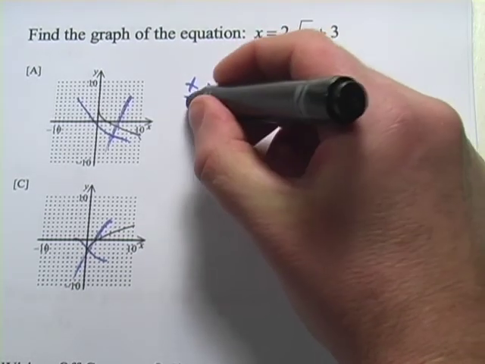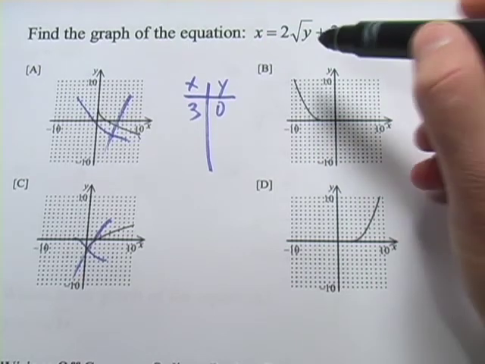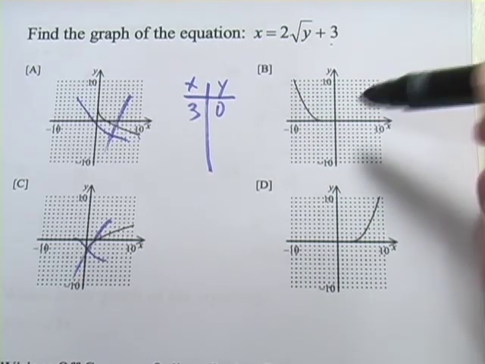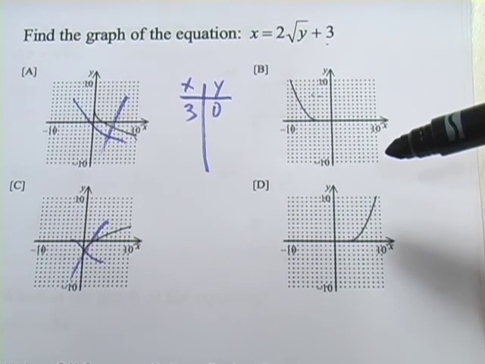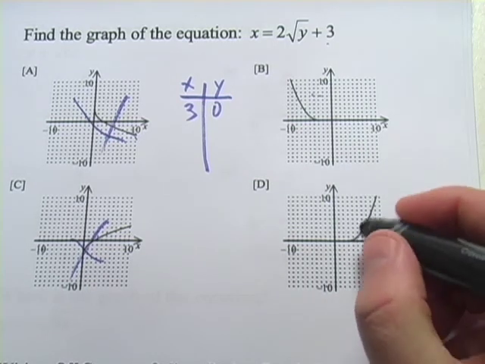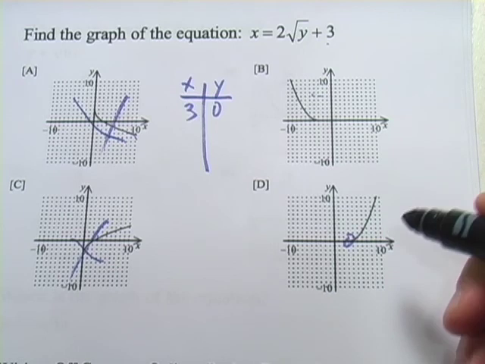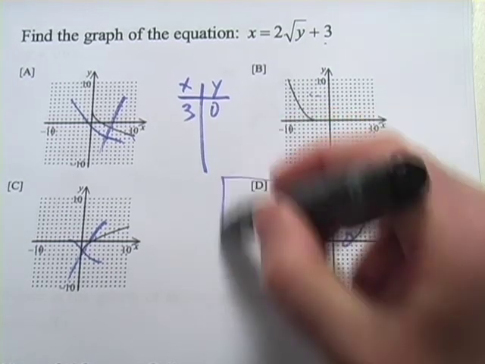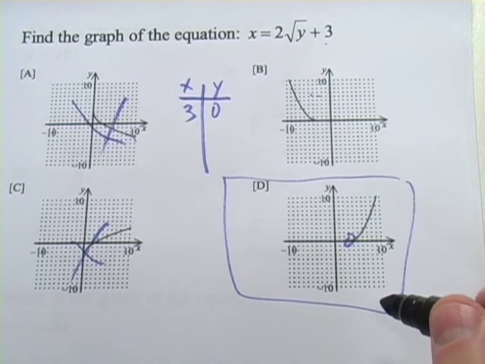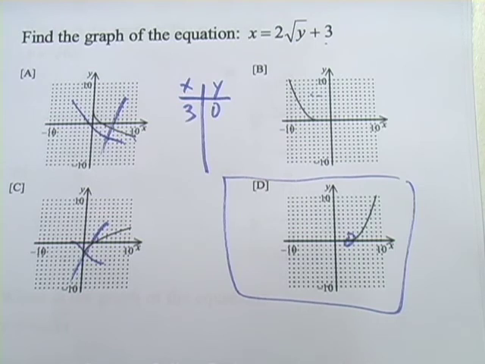So we've got the point 3, 0 on here. In fact, it looks like x can never be negative as well, so B's not going to fit. Let's just make sure that our point 3, 0 is on here. 1, 2, 3. Yep, there it is. You could plug in a few more points if you want to, but I think we've got this one figured out. So that's a little bit of work with graphs of the square root function.